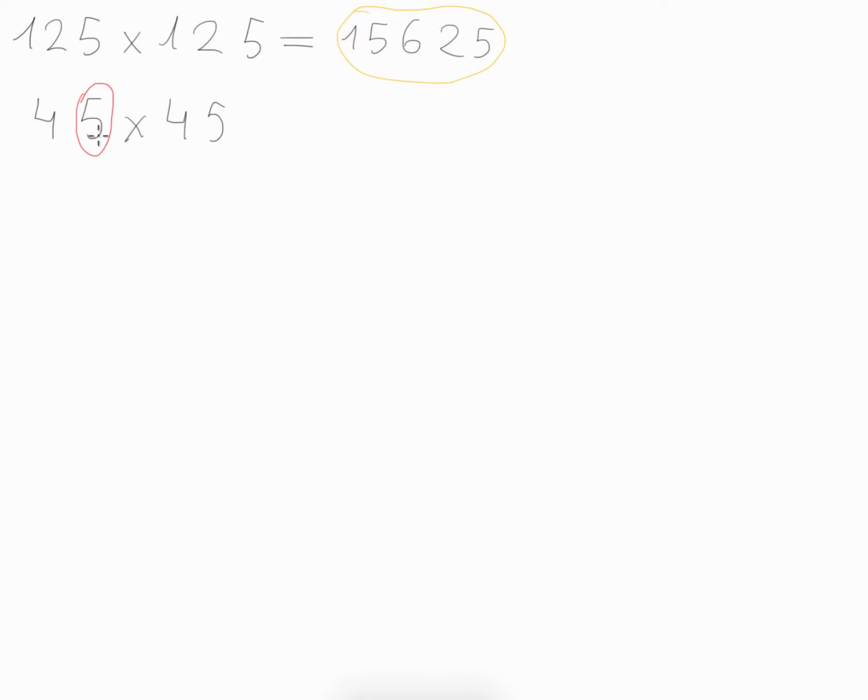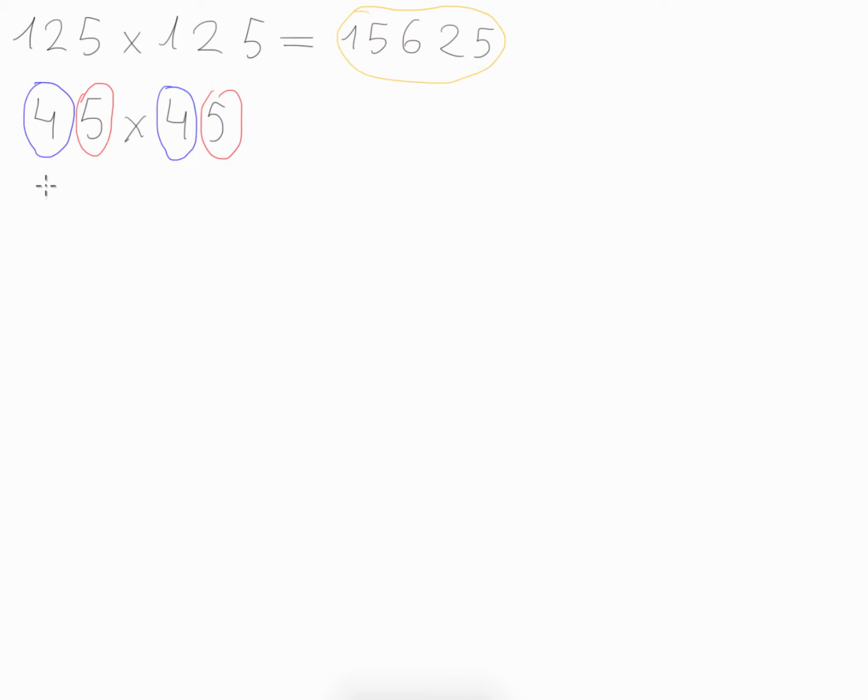It's always 5 because that was the assumption, as in the title, that we learn how to square a number that ends with 5. And the rest of the number, in this case, is just 1 digit, 4.